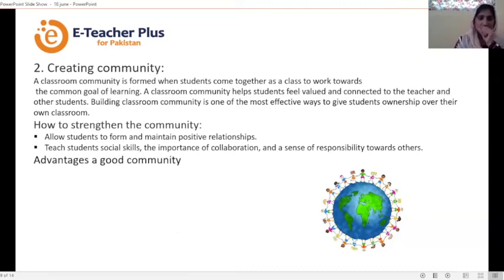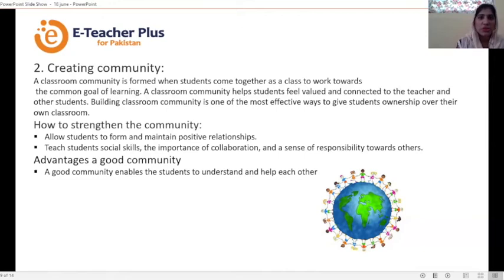And when we talk about the advantages of a good community, peer or group work gives them a chance to work together, interact, and learn from each other. It teaches social skills, and the students will realize the importance of collaboration after interacting.